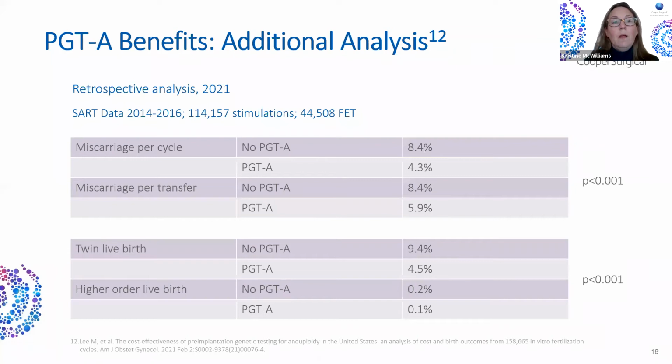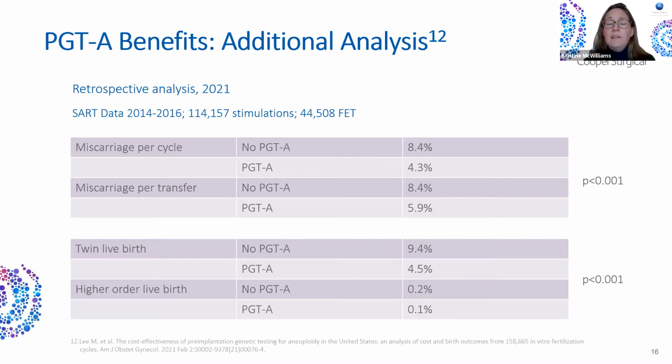In addition to RCTs, there's been a number of studies that have looked at the impact of PGT-A from a retrospective basis, oftentimes utilizing databases such as the SART database from the CDC in the US.